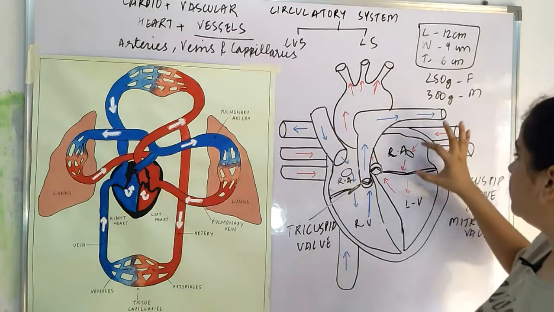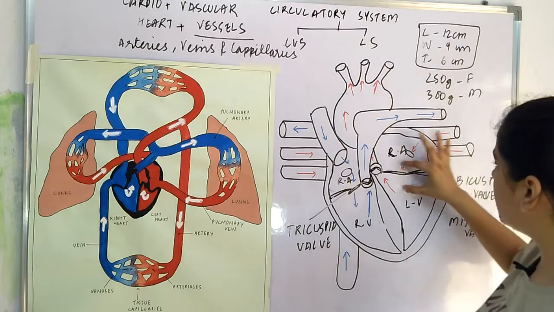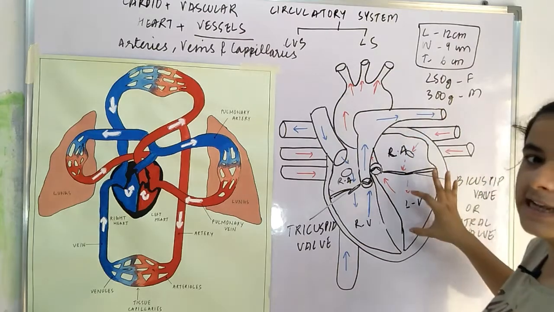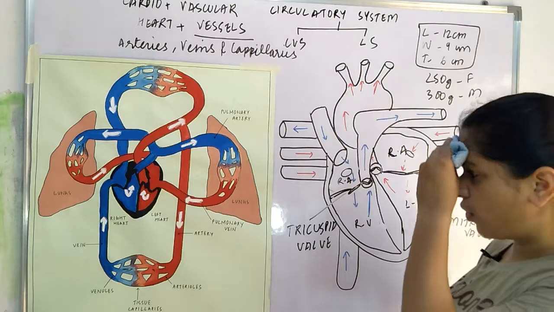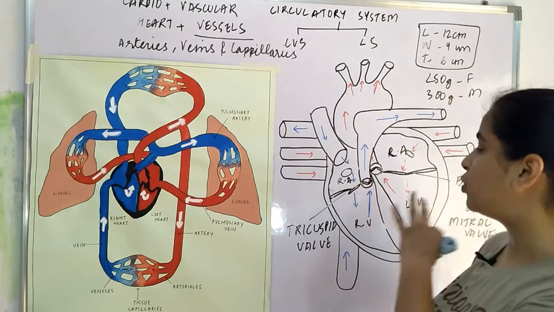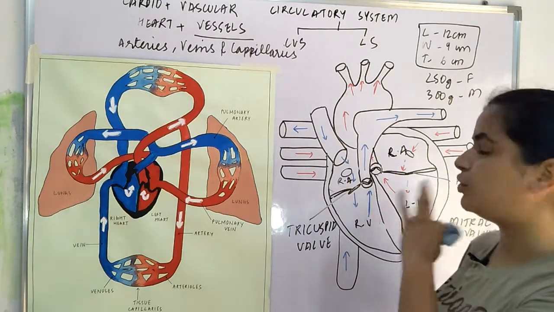That is the valve present between the left atrium and the left ventricle. This was all about the anatomical view of the human heart.